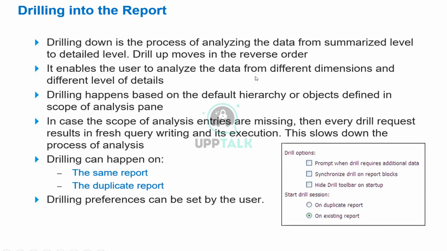It enables users to analyze the data from different dimensions and different levels of detail. It happens based on the default hierarchy or the objects defined in the scope of analysis pane. Drilling can happen in the same report or in a duplicate report.